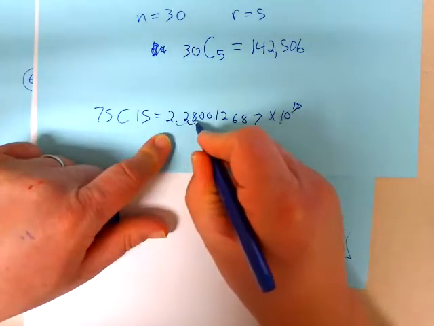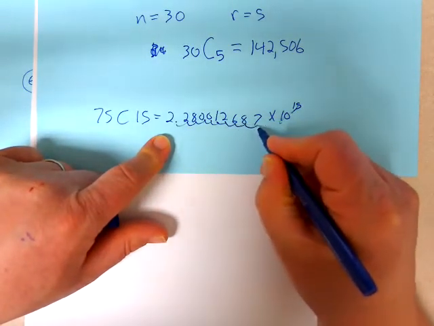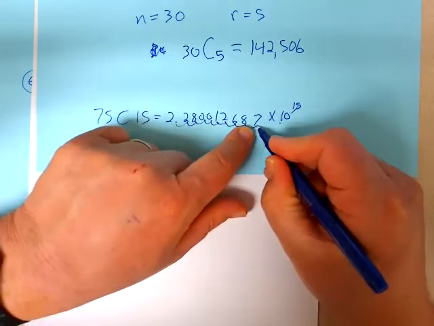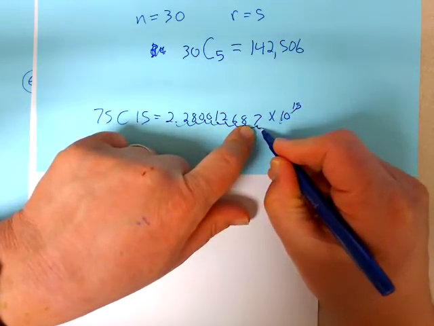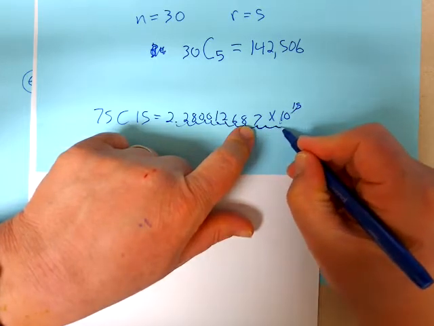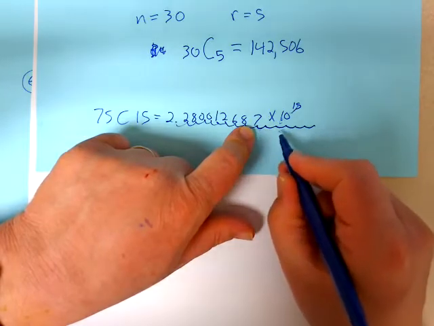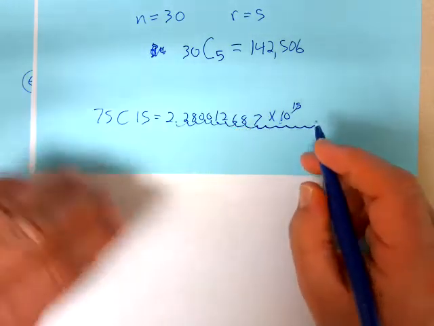So 1, 2, 3, 4, 5, 6, 7, 8, 9. And now that's 9. Now I'm going to have to add a 0. So that would be 10, 11, 12, 13, 14, 15. So I'm adding 1, 2, 3, 4, 5, 6 zeros.